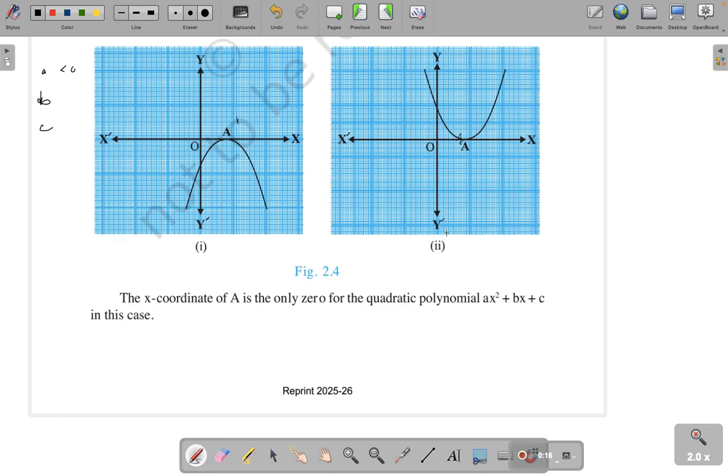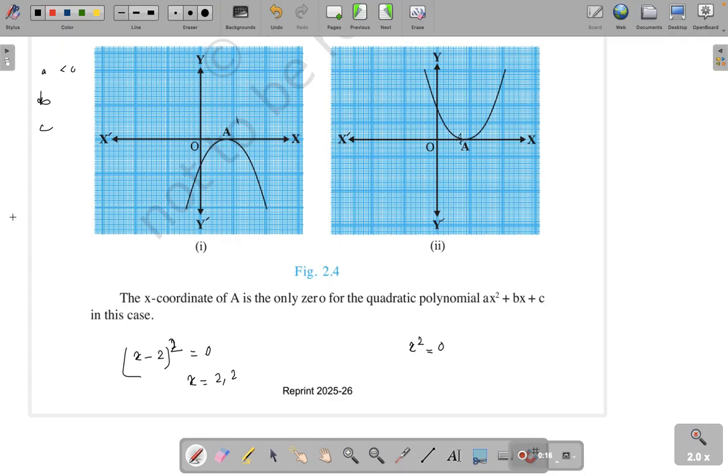The solution looks like this: x square equals 0, or say x minus 2 whole square equals 0. So both the roots are positive. The root is the same. If you write the root, it is x equals 2 comma 2. So they are exactly the same.